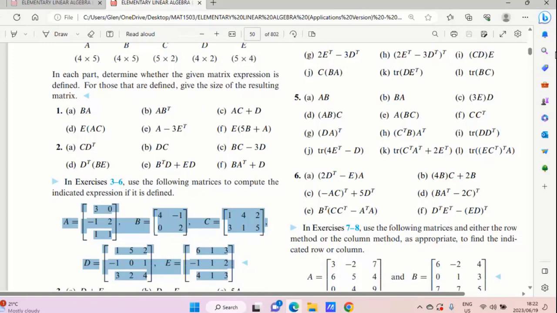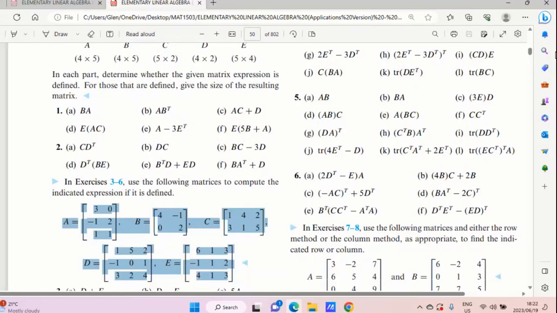Now, we say for us to be able to multiply these two matrices, the number of columns in the first matrix must be equal to the number of rows in the second matrix. So this is a 3 by 3 matrix being multiplied by a 3 by 2.